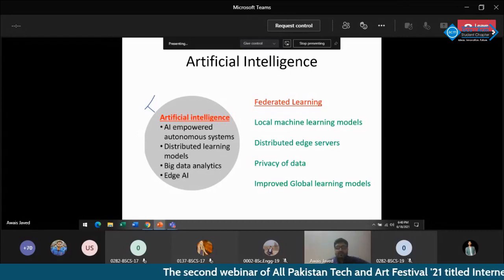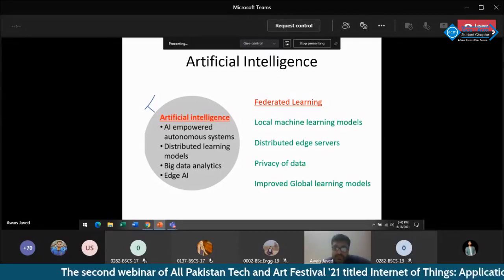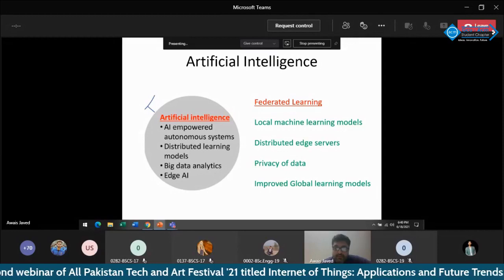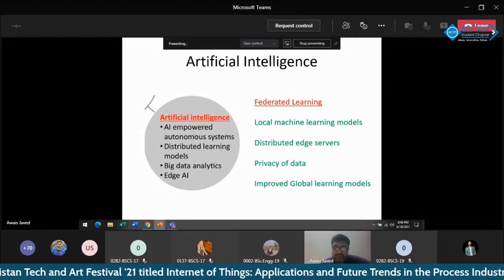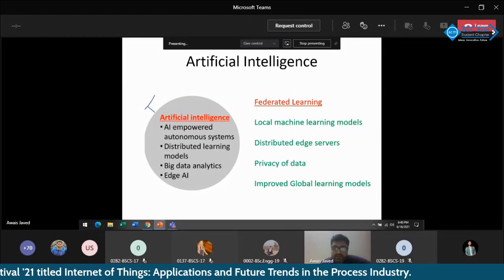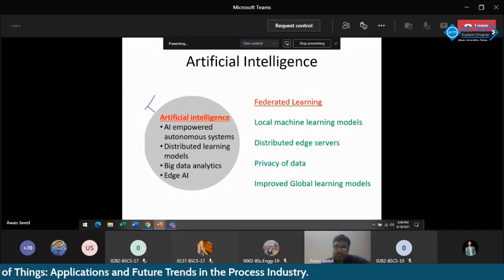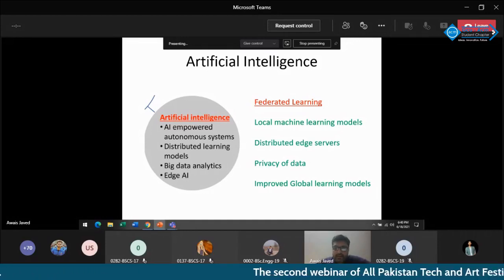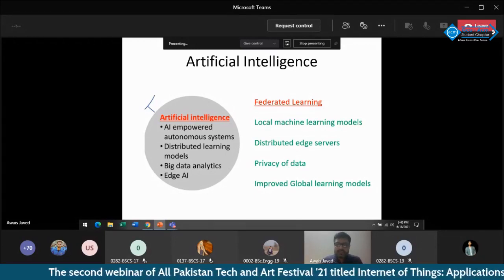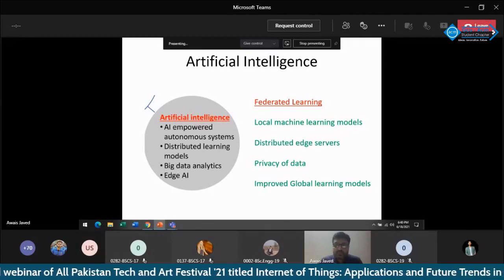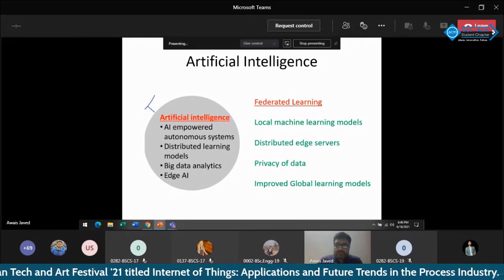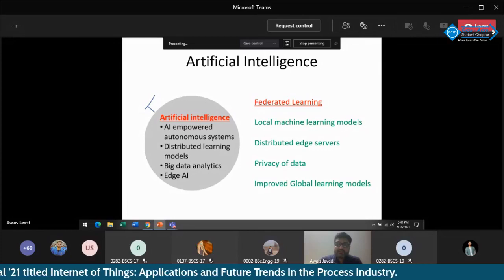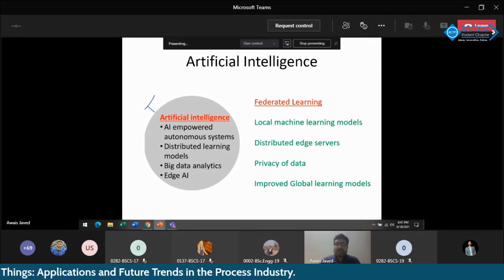Now the research is going towards distributed learning models. As an example, a very popular technique these days is federated learning. In federated learning, the goal is you have some local computing machines. They implement local machine learning models on these localized machines or localized edge servers. You call them edge servers, for example. The big advantage is the privacy of data.